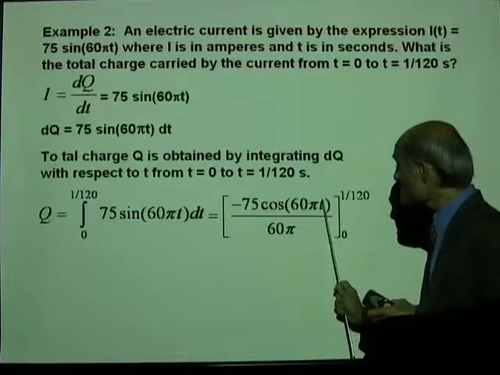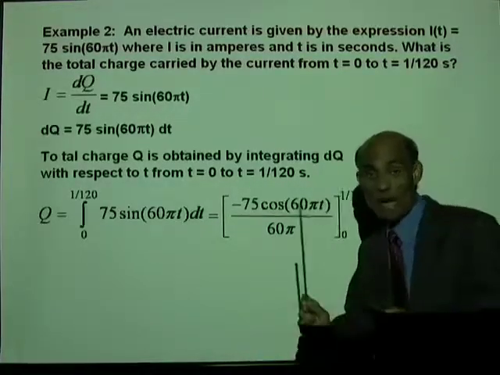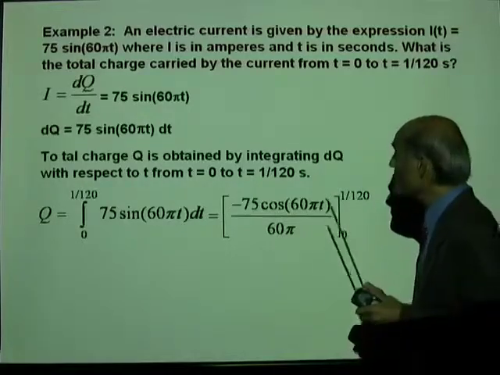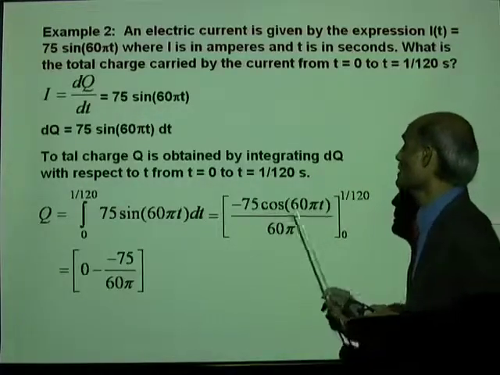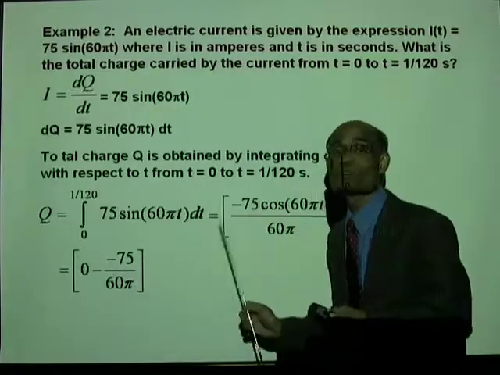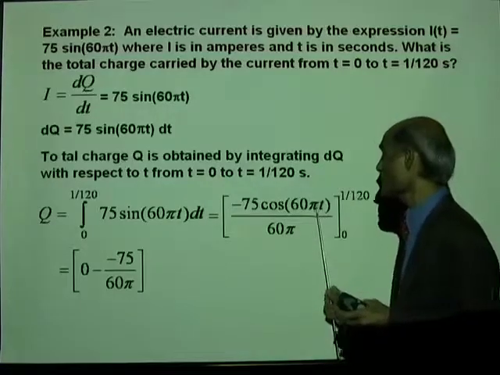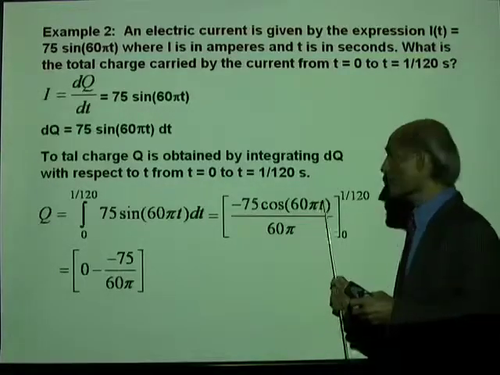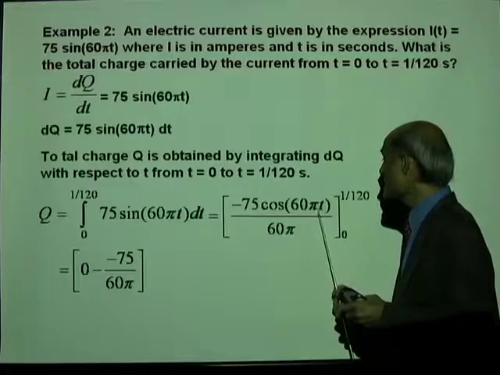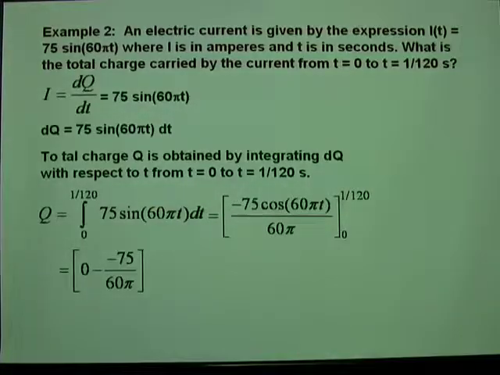Now we replace t by the upper limit and then minus, replace t by 0, and that will give you this value. Can you do that on your own? Well, let me show you how that happens. For the upper limit, when you replace t by 1 over 120, I'm going to write that upper limit here.